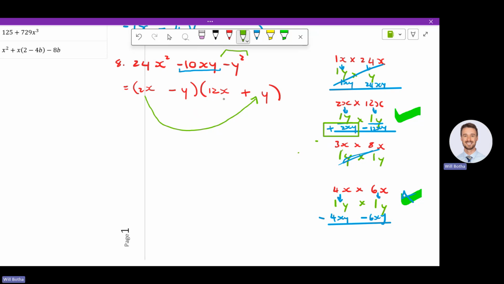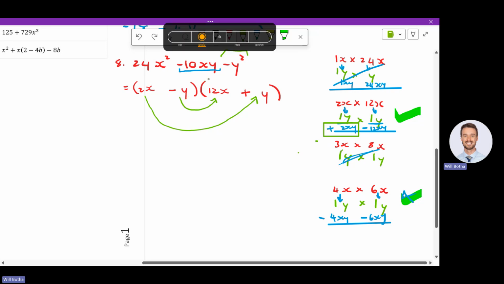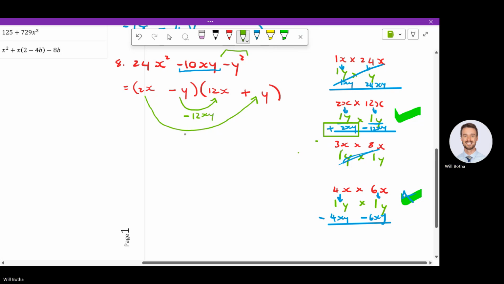So to get positive 2xy, I have to say positive 2x times positive y. And to get negative 12x, I'm going to say negative y times positive 12x. That's why this term gets a negative, because I know this is going to multiply with the 12. Okay, it does take some getting used to. And then I would get negative 12xy and positive 2xy.